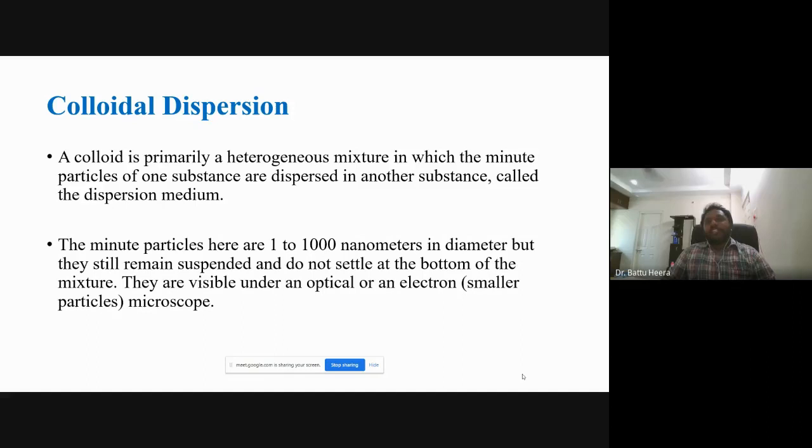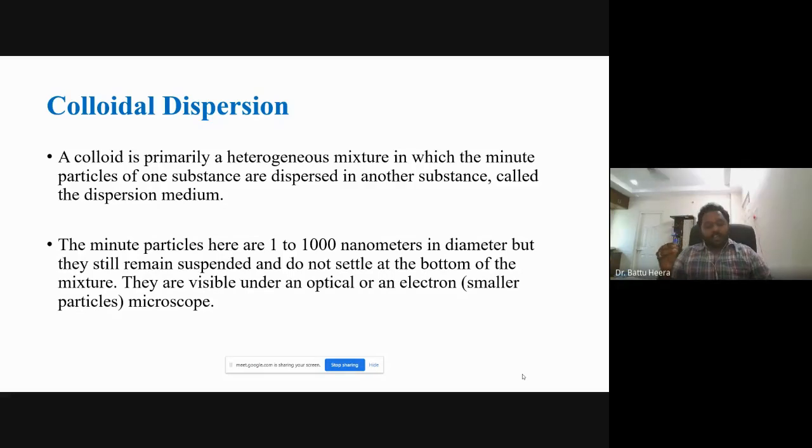The solute is dispersed in the solvent but does not dissolve completely. It settles at the bottom by sedimentation, and after gentle shaking, the solute molecules come up into the upper layer of the suspension.